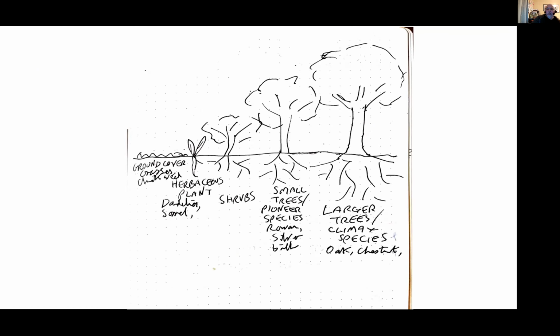So thinking about what we might be growing in the forest garden, in these different levels or stories of the woodland or the woodland edge.